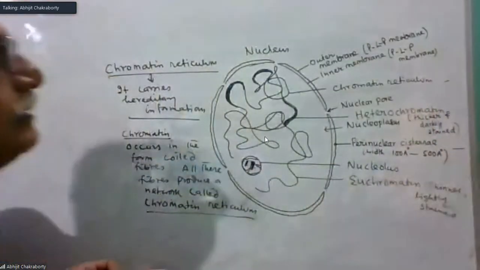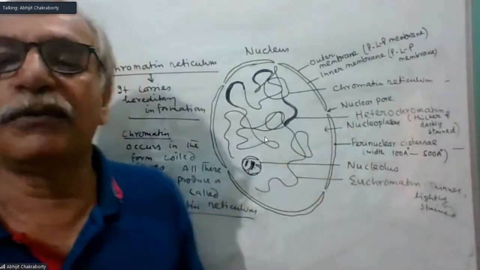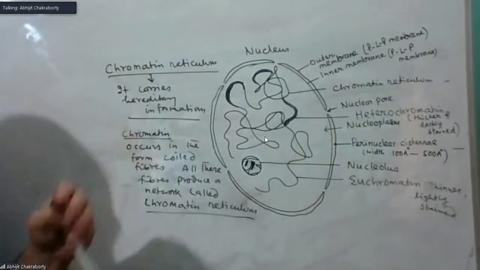The basic difference: heterochromatin is thicker and darkly stained, and euchromatin is thinner and lightly stained.